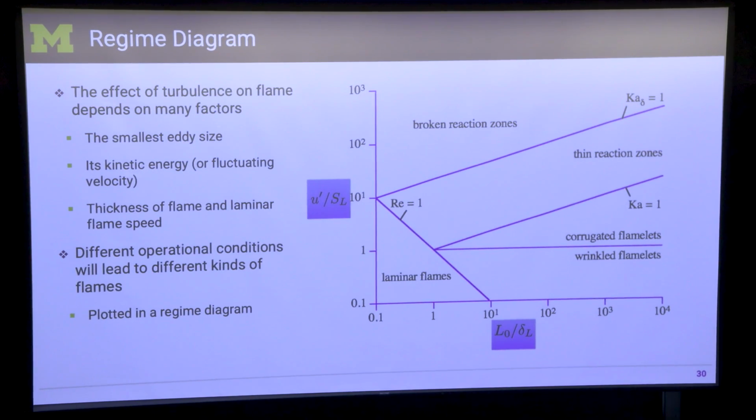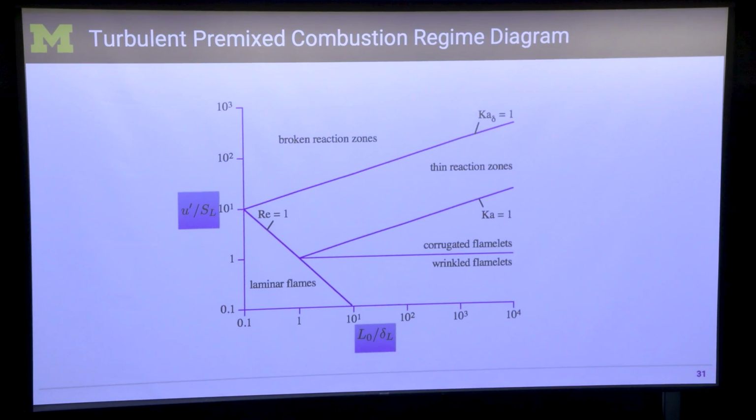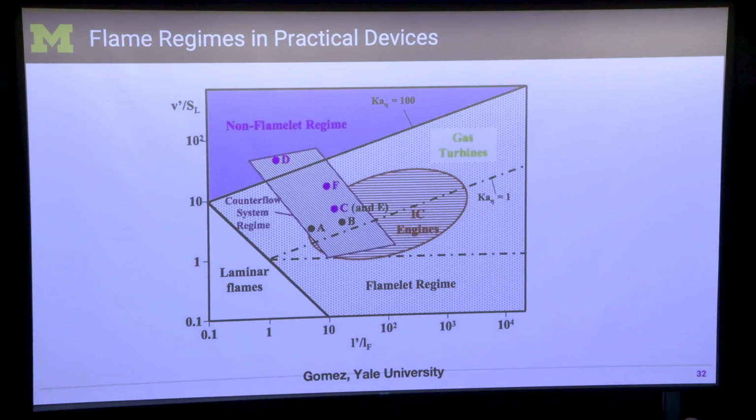So you're going to have higher Reynolds number going to the top right, higher Karlovitz number going to the top left, as you keep having these parallel lines. Okay, so I will leave this here, and I'll tell you what happens for different devices, and then what these regimes actually mean overall.